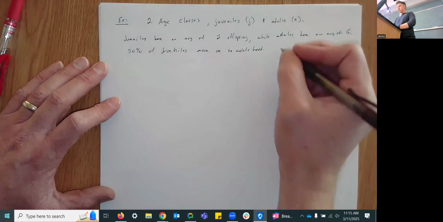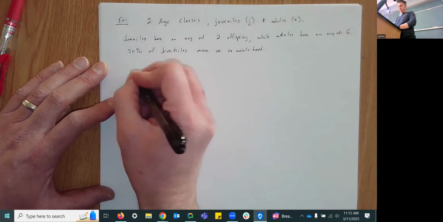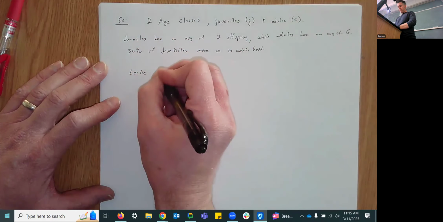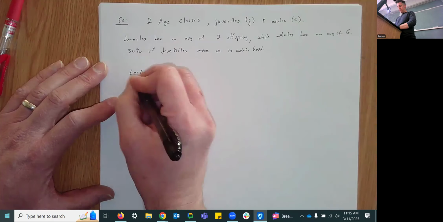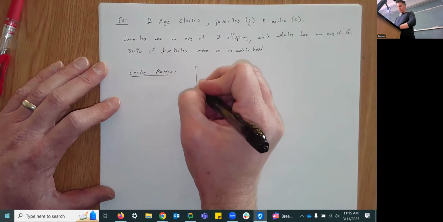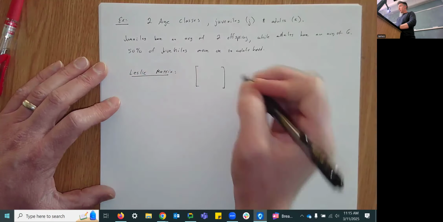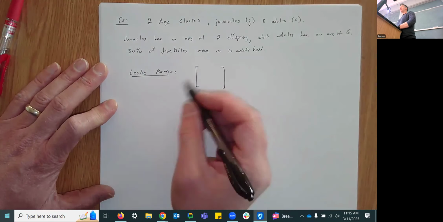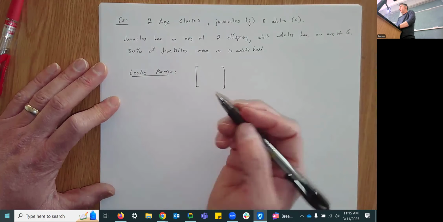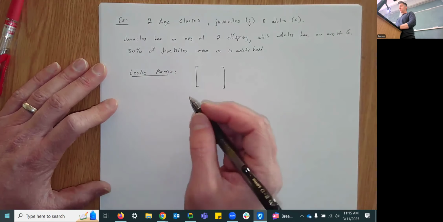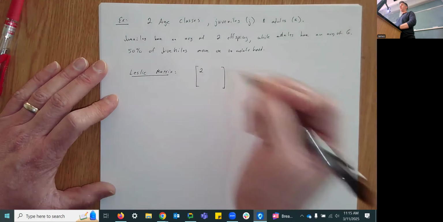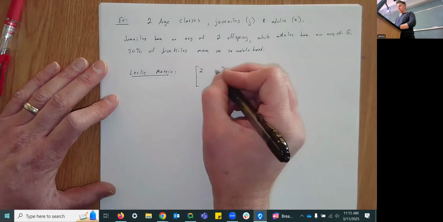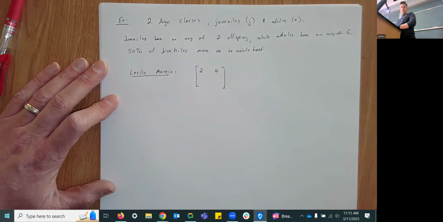So our Leslie matrix is the following. Again, in the first row, we have all the numbers that are becoming offspring next year, becoming juveniles as our lowest age class. So it's going to be 2 times the number of already juveniles plus 6 times the number of already adults.